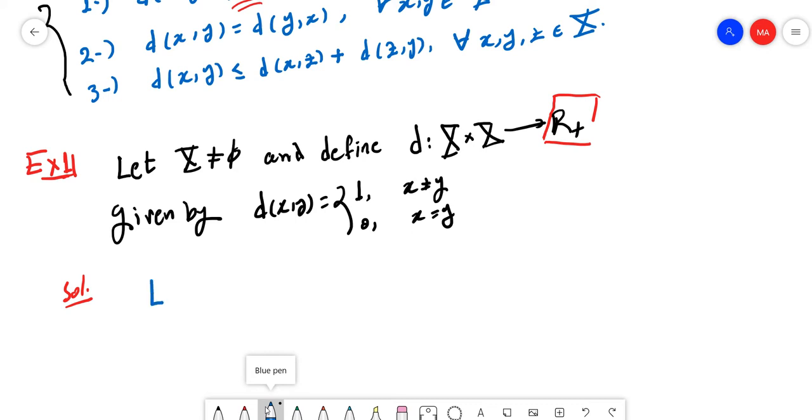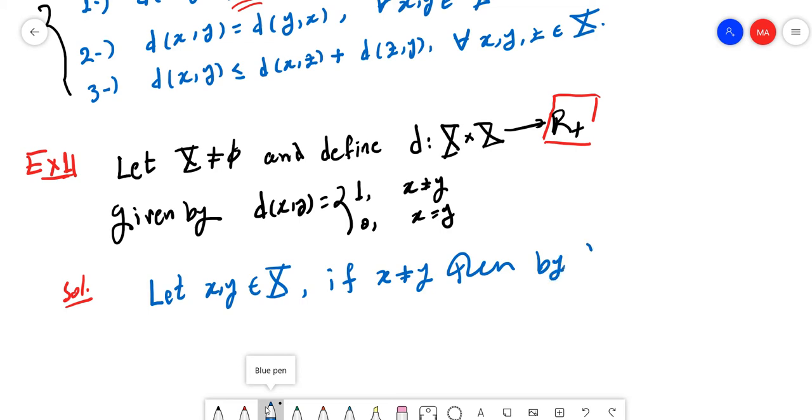Let x and y in X. If x is not equal to y, then by definition of d, the distance between x and y is equal to 1, which is greater than 0.